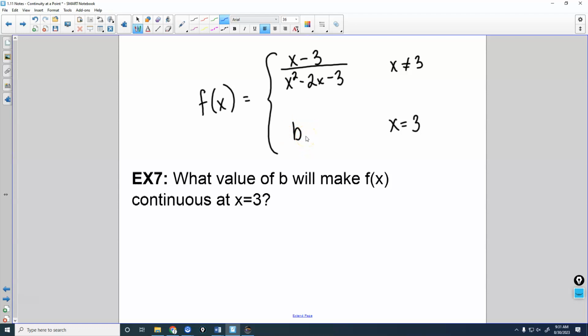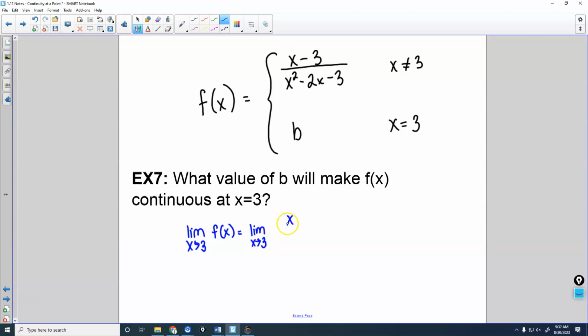So the way we would do that is the limit as x approaches 3. It's going to be from both sides, because this is defined everywhere except for 3, right? It's just one little dot where it's not defined. I'm still going to use limit notation because I still have x's.